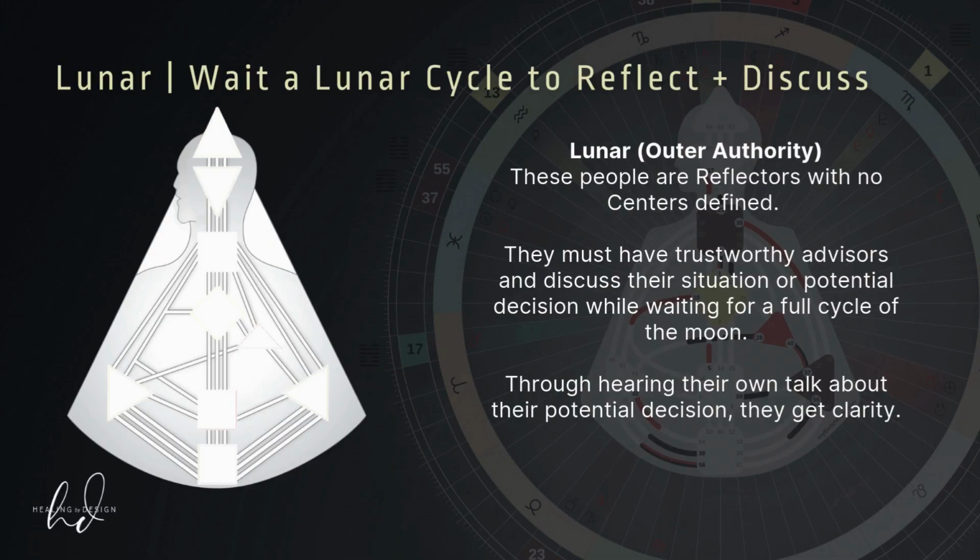Making spontaneous decisions about important issues does not reliably lead you to life's surprises. Often, sudden decisions can lead you to disappointment. As a reflector, you are the only lunar type. It takes 29.5 days for the moon to move through each gate in the body graph, and this continuous cycle creates a sequence of definition you can rely on.